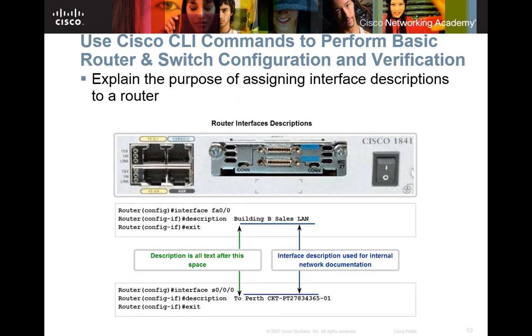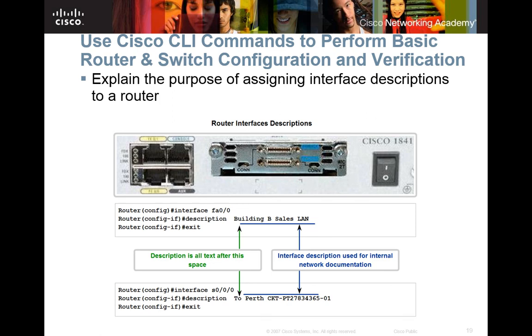All right. Here's what's cool. On that FastEthernet 0/0, we can add a description to say, this is building B sales LAN. So when this is connected to a switch, that's the building B sales LAN. So it's easy to identify.